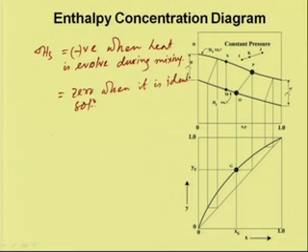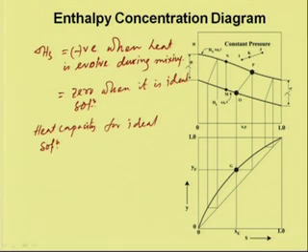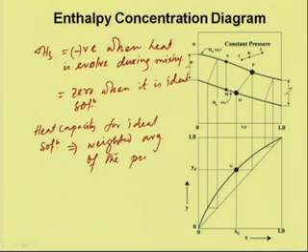The heat capacity for an ideal solution would be the weighted average of the pure components.